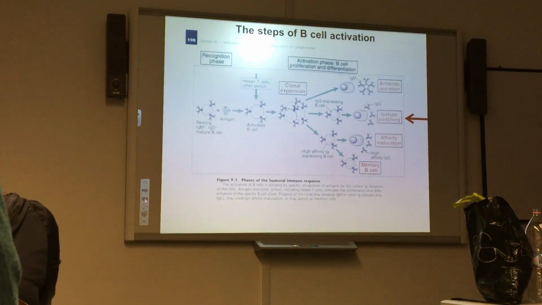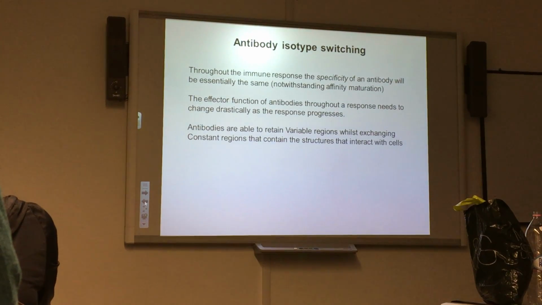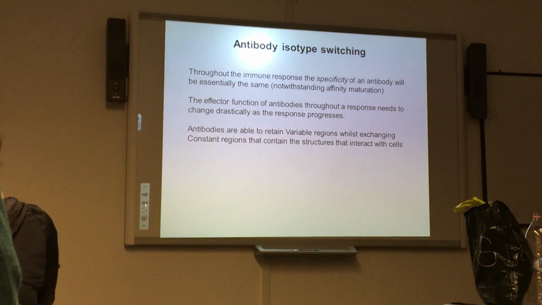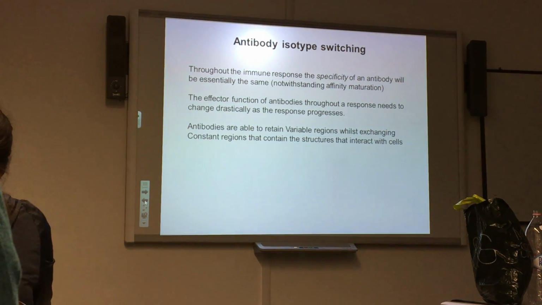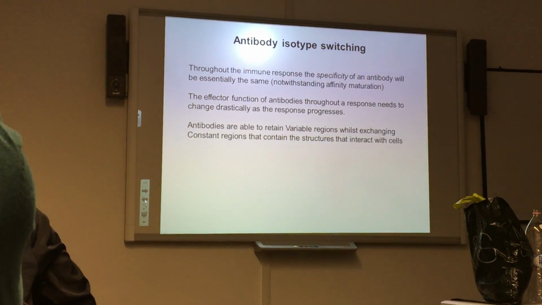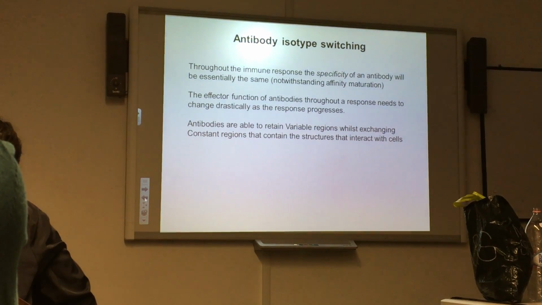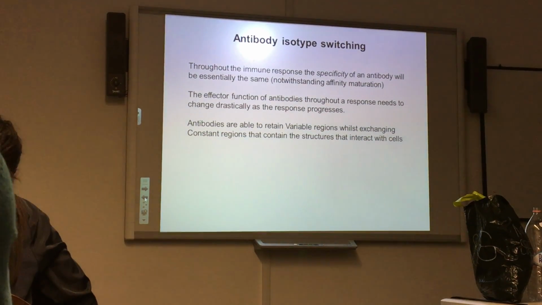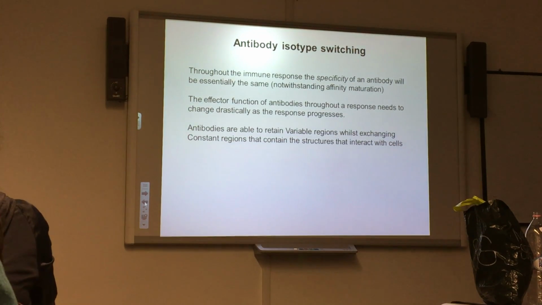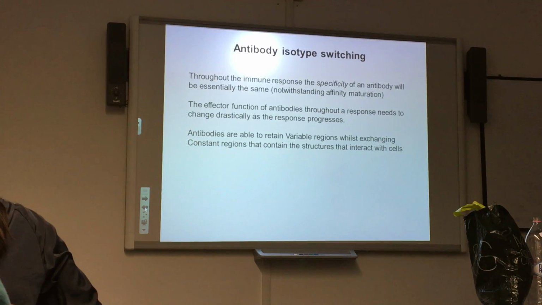Okay, isotype switching. So you know that immunoglobulins contain light chain and heavy chain, and both contain also variable and constant region. Variable regions also have effector function, so they bind the antigen and form immune complexes.